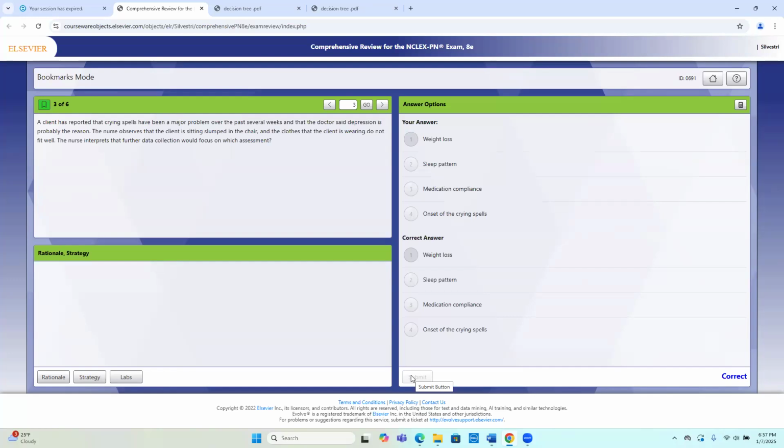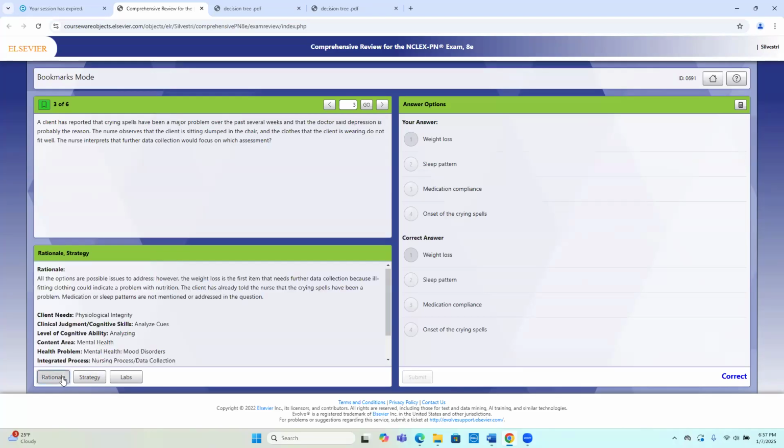Okay. We know that weight loss matches our stem and topic for our question, right? And if we could only do really one thing for that client, one assessment piece, we're going to look at the physical first, which is going to be weight loss. So weight loss is the first item that needs further data, because ill-fitting clothes could indicate a problem with nutrition.